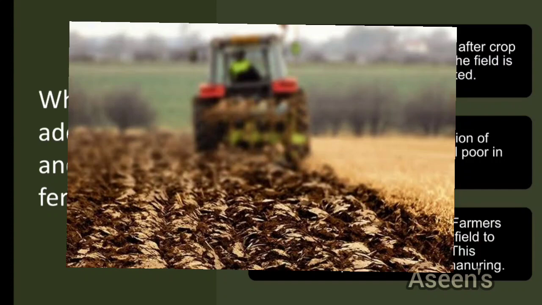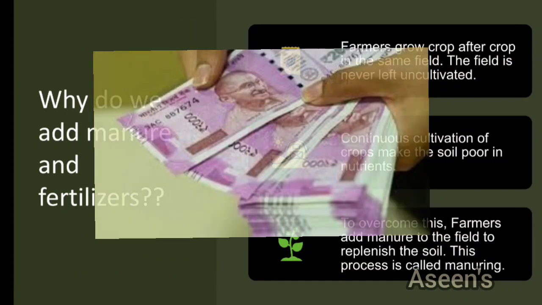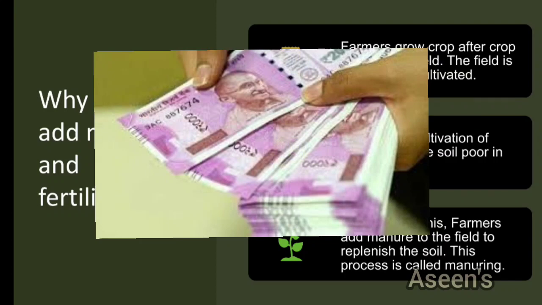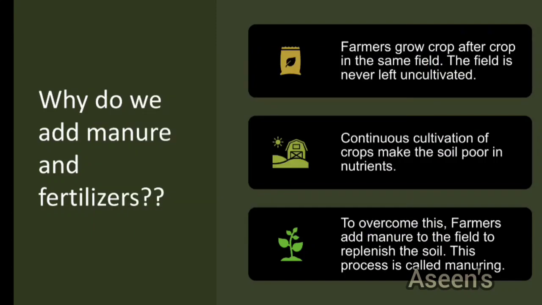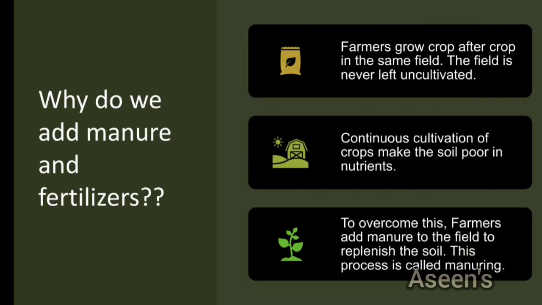It's not at all possible, because that would mean for months together the farmer has to not grow anything, and during this period the farmer does not have any hope of financial aid. So that is one reason why we need to add manure and fertilizer, to increase the fertility of the soil, to increase the necessary nutrients of the soil.